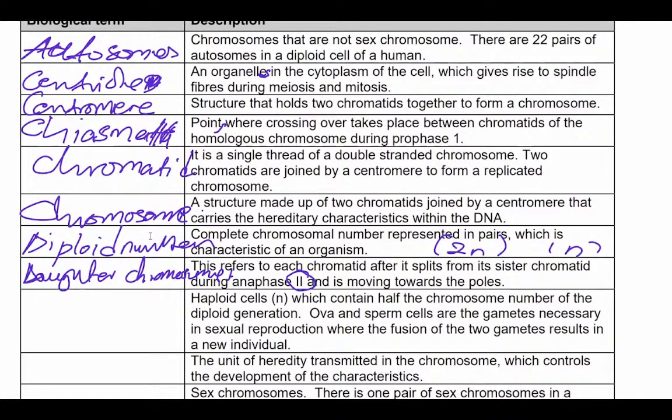If the normal cell has 4 chromosomes, the haploid is going to be 2. If the normal cell has 46 chromosomes in terms of humans, the haploid is going to be 23. So they're saying haploid cells contain half the chromosome number of the diploid generation. They give you examples of the cells as eggs or sperms.